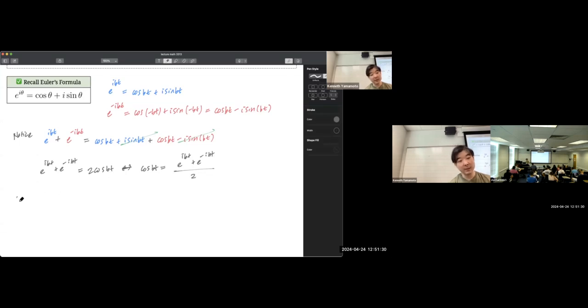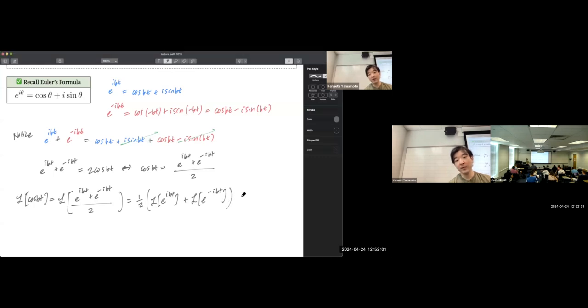So if I wanted to take the Laplace transform of cosine of bt, this is the same as taking the Laplace transform of this giant thing, which is the same as, I can pull the half out, and it'll be the Laplace transform of e to the i bt plus the Laplace transform of e to the negative i bt.